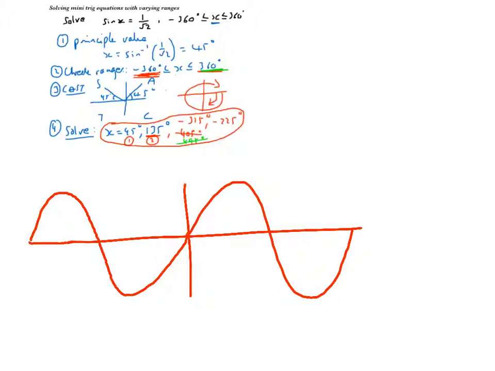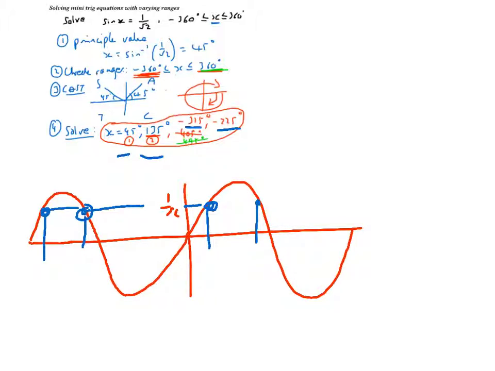If we look at 1 over root 2, this touches here, that is our 45 degrees. Here, that's our 135 degrees, and we move along here, that must be our minus 225 degrees, and it touches here, which must be our minus 315 degrees.